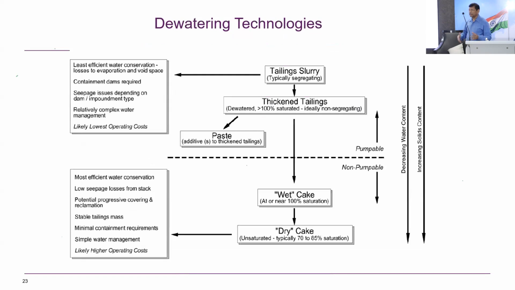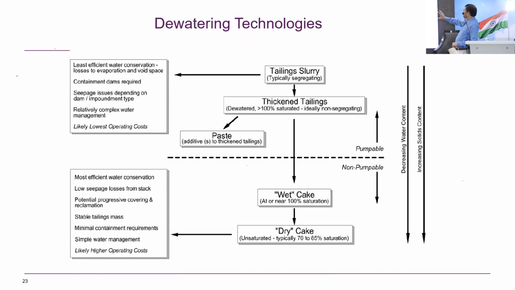Again, dewatering is the next phase which is coming, because what we discussed mostly is slurry form. But right now, a lot of research is going on, and I have some people in the back who are saying they are preparing the dry stack.